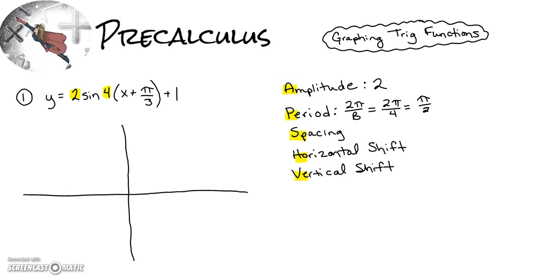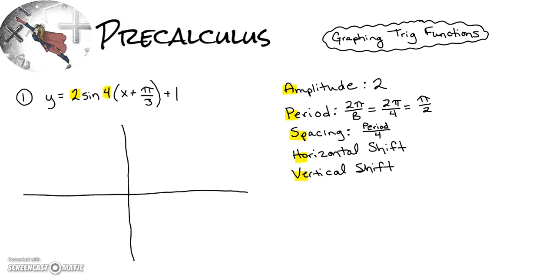Now there's this other thing right here that I include, which is spacing. That helps you with the spacing on the x-axis. So what you do to find that every time is take the period divided into 4 parts.